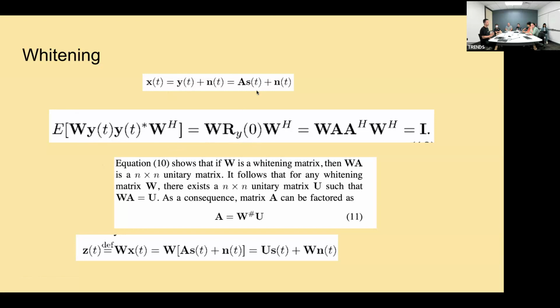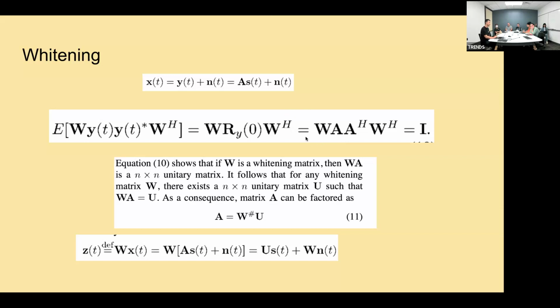Based on the assumptions, the covariance of the original sources is diagonal, so there should be an identity here.